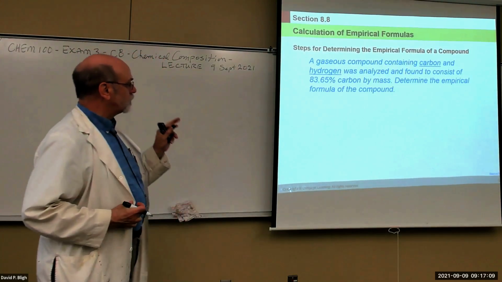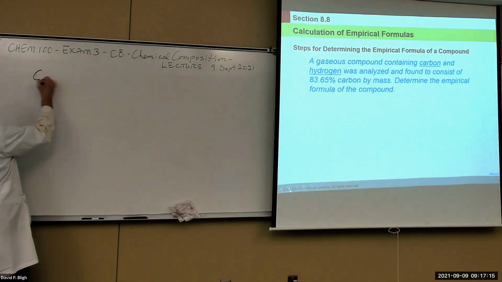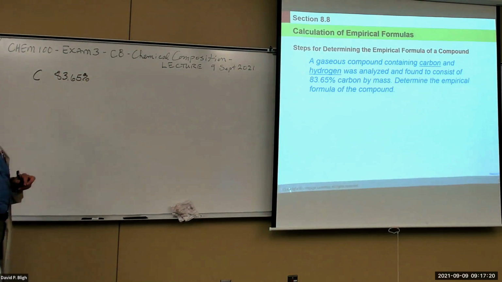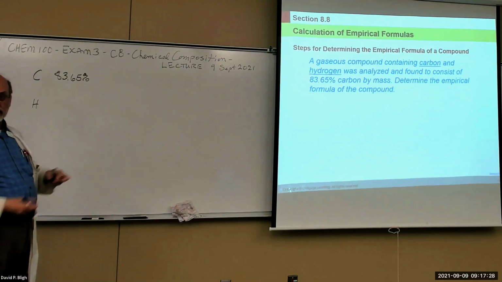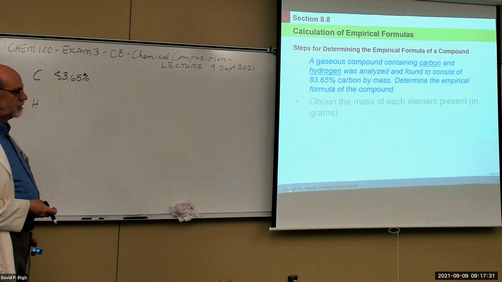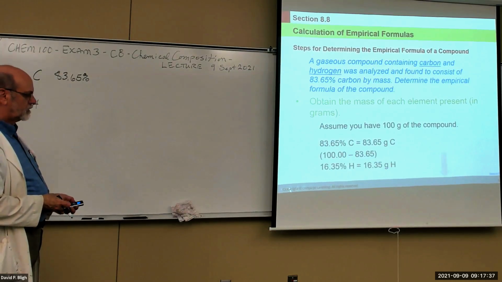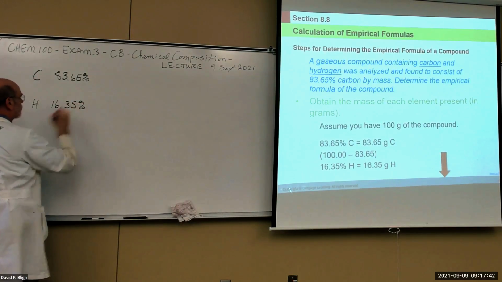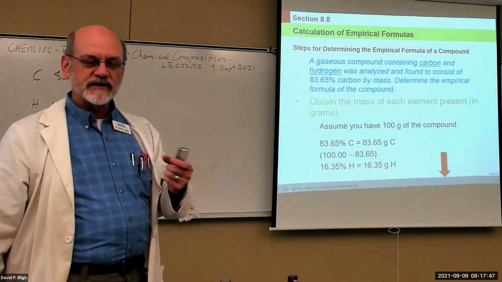So if we know that we have 83.65% carbon by mass, then how much hydrogen do we have? Well, we have 100 minus that, don't we? (16.35%). Okay. But remember, percent is a dimensionless number.